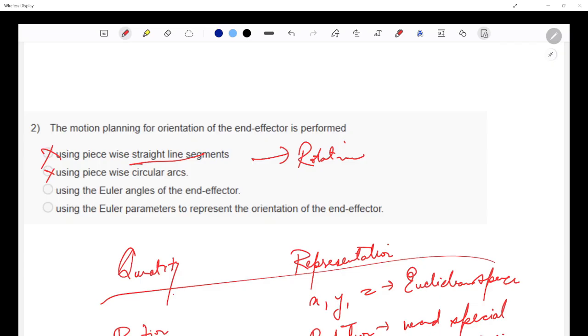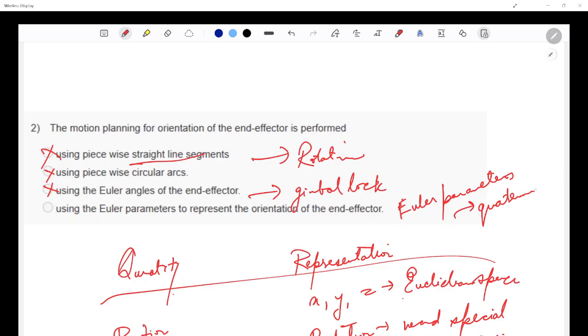Let's check option 3, using the Euler angles of the end effector. Euler angles have the problem of singularity, which is called gimbal lock. They have non-linear interpolation issues. They are not smooth for trajectory planning, so they are not preferred in motion planning. Okay. The fourth option is using the Euler parameters to represent the orientation of the end effector. These Euler parameters are quaternions.